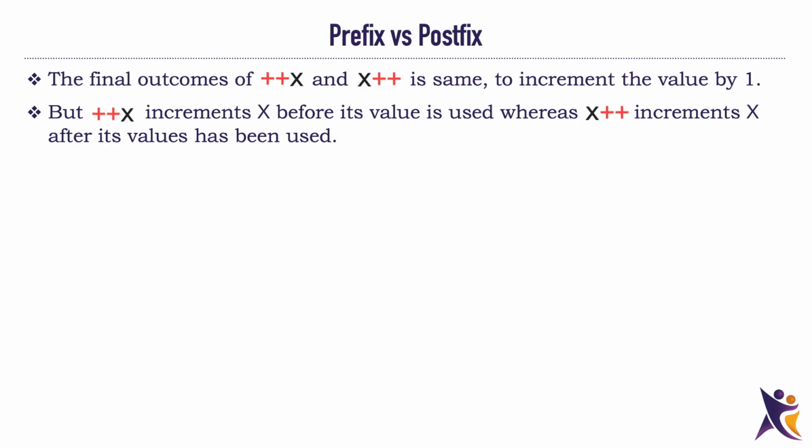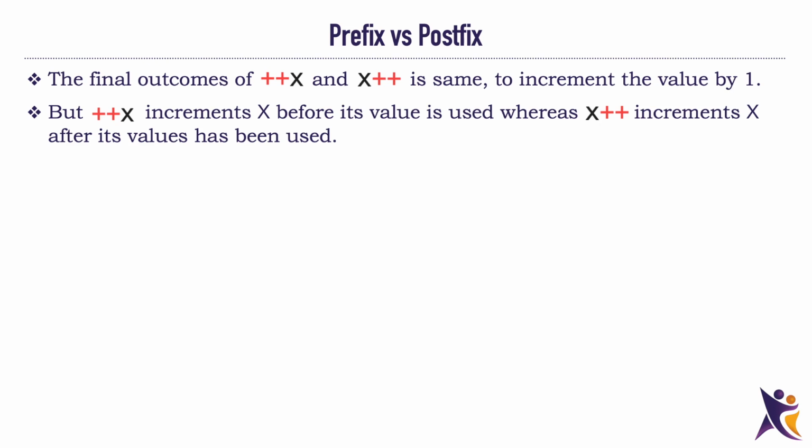So let's consider the increment operator and find the differences between prefix and postfix operator. As I said earlier, the increment operator is used to increment the value by 1. So the final outcomes of pre-increment of a variable or postfix increment of a variable are the same.